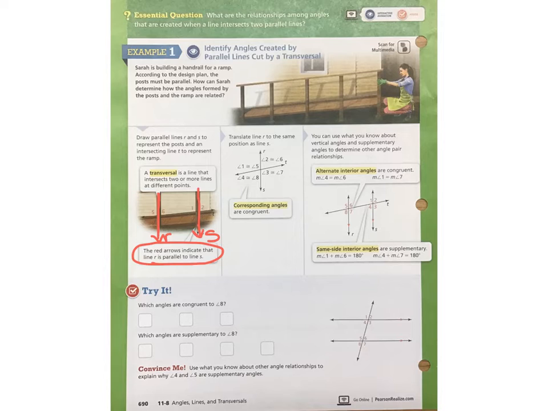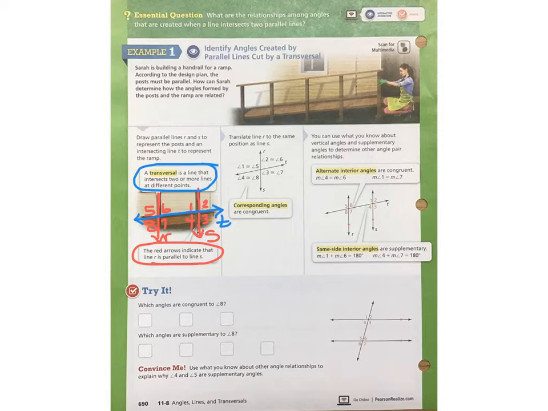Line T is what we call a transversal. A transversal cuts through or intersects two or more lines at different points. And then you can see that they have numbered the angles. So you have angles 1 and 2, 3 and 4, 5, 6, 7, and 8.